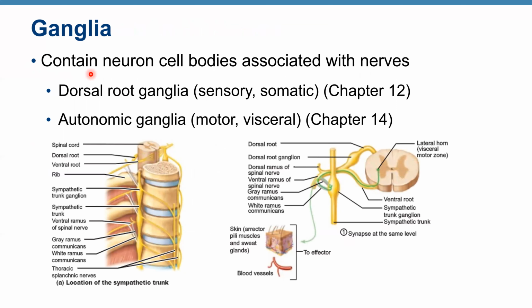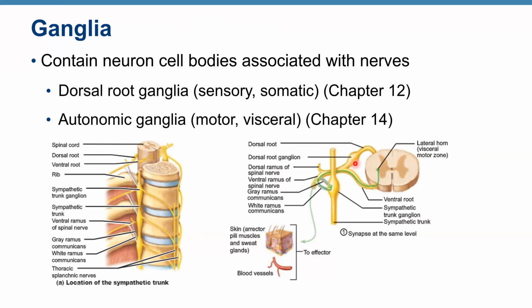Now, ganglia contain cell bodies associated with nerves. So we already talked about this. So this part over here, this is a spinal nerve. And nerve has two roots, ventral and dorsal root. And inside this dorsal root, we have cell bodies.